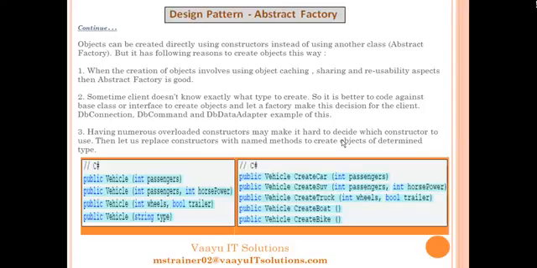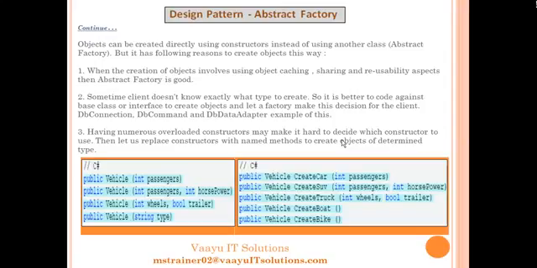Number 3 is, suppose you have various constructors, so it may be hard for you to decide which constructor to use for which purpose. If we define a name for each constructor, it will be easier to create objects of that type. In this example, public vehicle interior passengers.